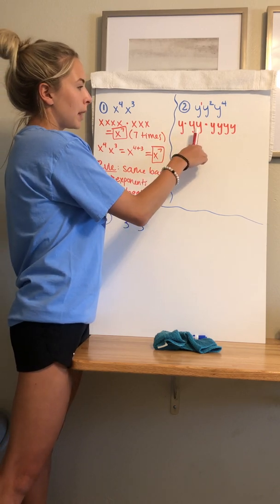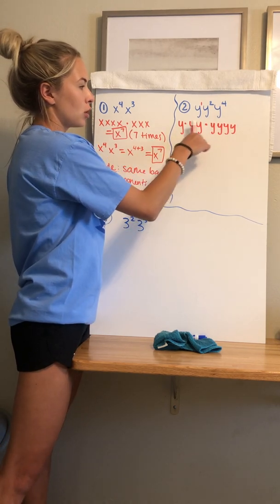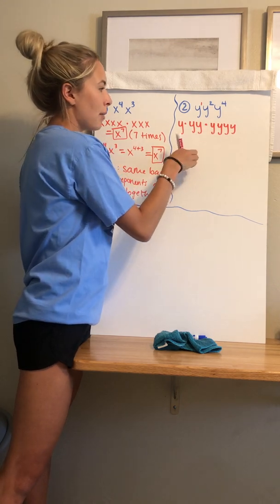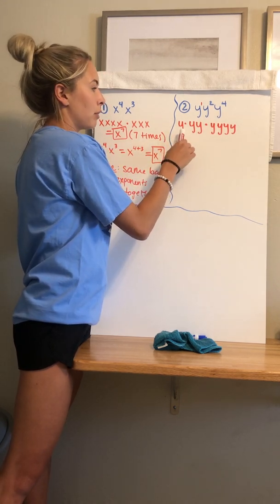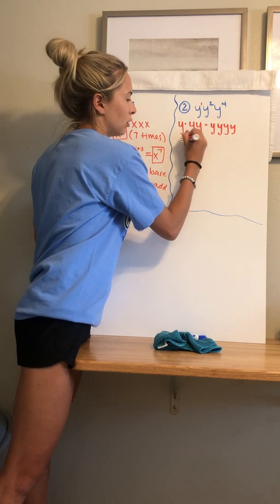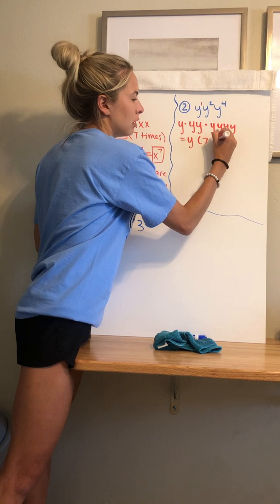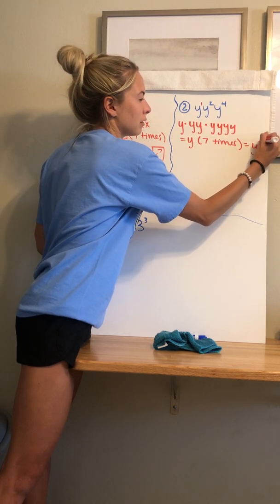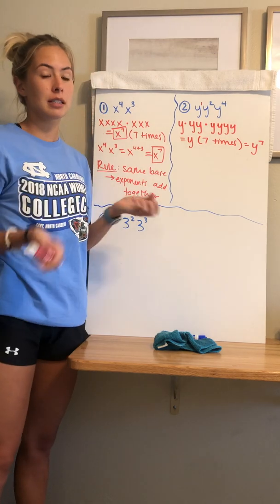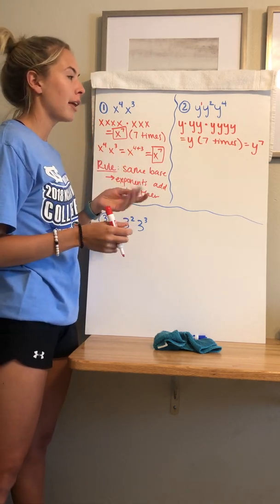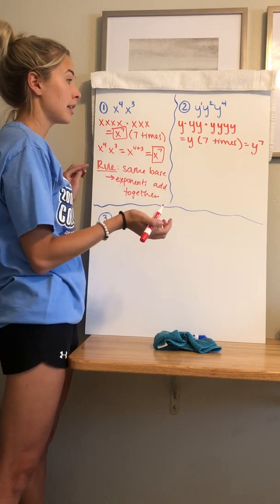So we have y to the 1st, y to the 2nd, y to the 4th. If we count how many y's we have, we have 1, 2, 3, 4, 5, 6, 7. So we have y 7 times, which equals y to the 7th, because our exponents are how many times they're being multiplied together. So we have y to the 7th.